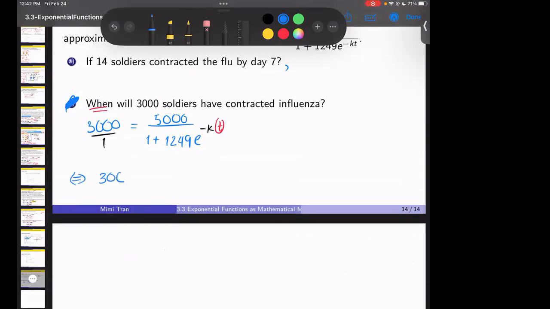So 3,000 times 1 plus 1249 e to the negative kt equals 5,000.